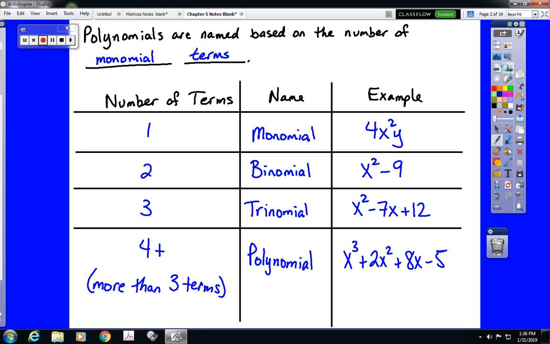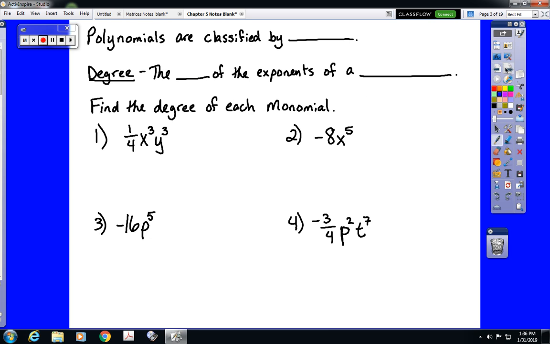Now, next idea here, and this might be new, but it really shouldn't be new. You should have seen this in Algebra 1 as well, but in case you didn't, polynomials are classified by their degree. Degree is the sum of the exponents of a monomial. So if you're asked to find the degree of a monomial, all you do is add the exponents.